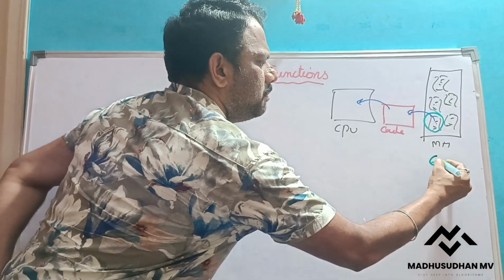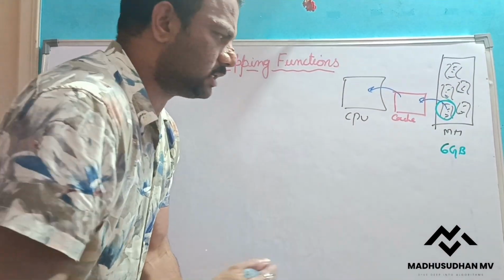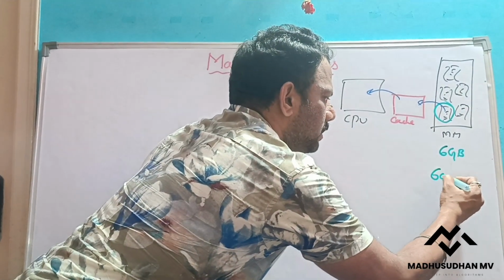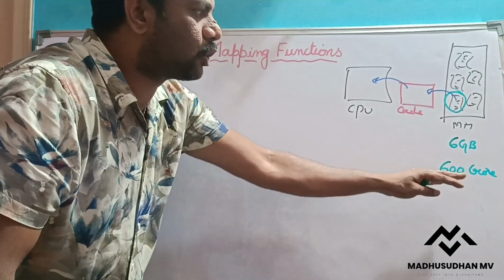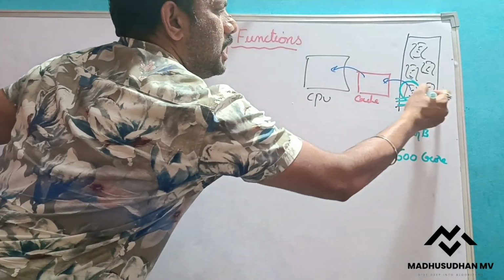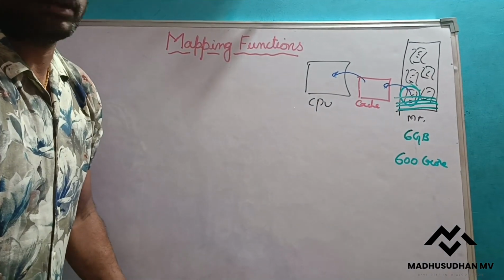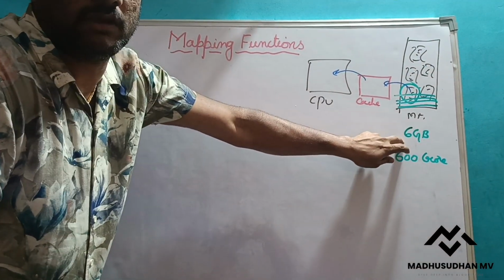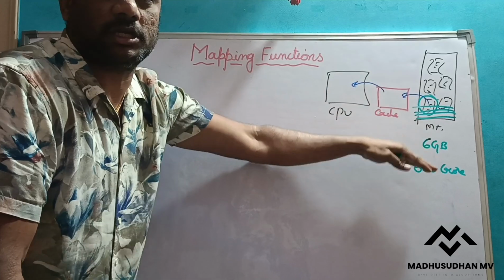Let us take 6 GB of main memory. 6 GB means there will be 600 crore different locations in our memory. If you are using 8 GB, 800 crore locations. If you are using 2 GB, 200 crore locations.